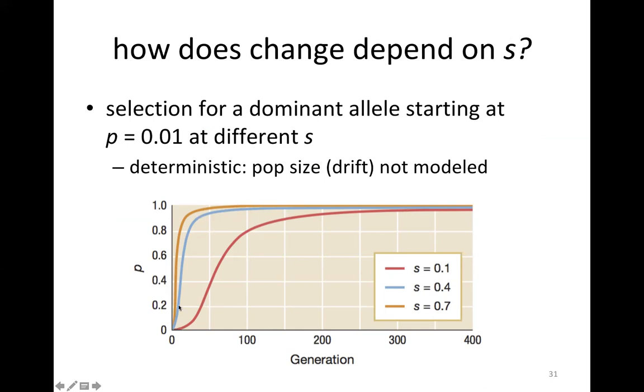So here we see such a simple simulation done: p calculated across generations, starting from 1% at different selection coefficients. Here we see a selection coefficient of 10%, what we had assumed might apply to our mouse case.